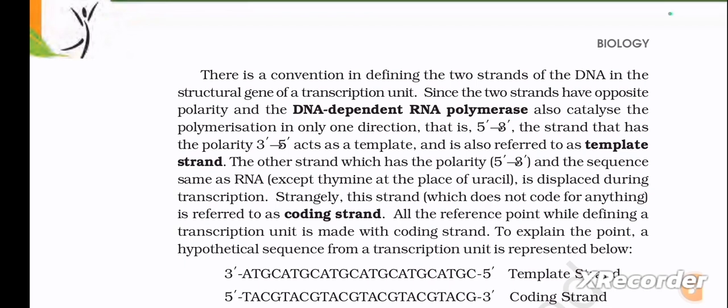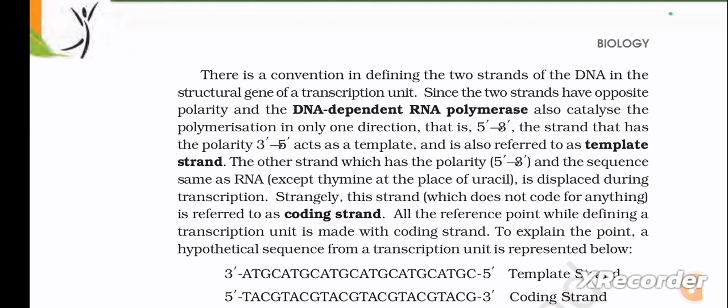Since the two strands have opposite polarity and the DNA-dependent RNA polymerase also catalyzes the polymerization in only one direction, that is 5' to 3', the strand that has the polarity 3' to 5' acts as a template and is also referred to as template strand.